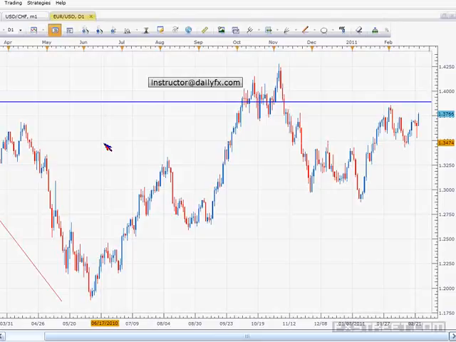And what does that afford to me? That means here is my stop distance. Okay, don't worry about what the distance is in pips. Look at the relative size here. And let me make this red. Okay, here's my stop distance. And if this is correct, here is what my profit potential is.